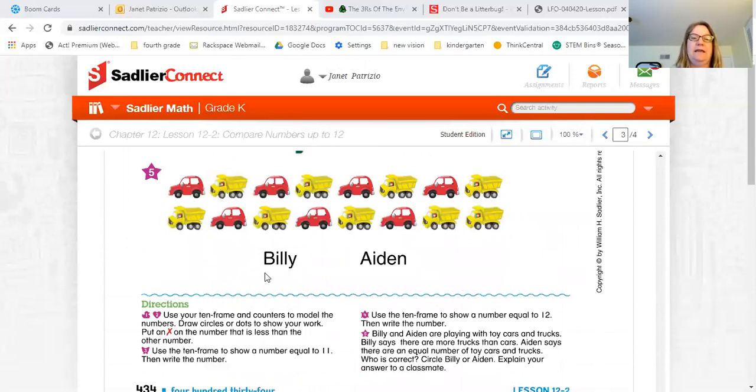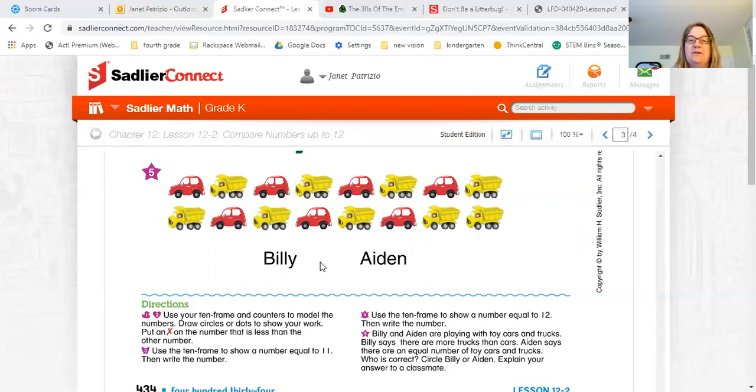Problem solving. We have a boy named Billy and a boy named Aiden, kind of like our Aiden, only spelled a little differently. And they're playing with toy cars and toy trucks. Now, Billy says there are more trucks than cars. Aiden says there's an equal number of toy cars and toy trucks.